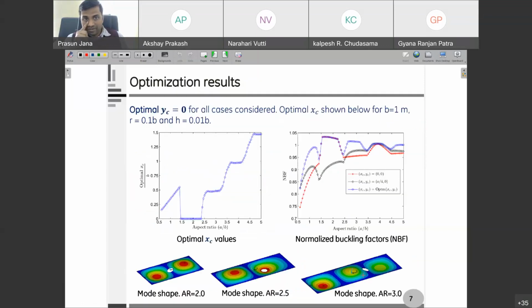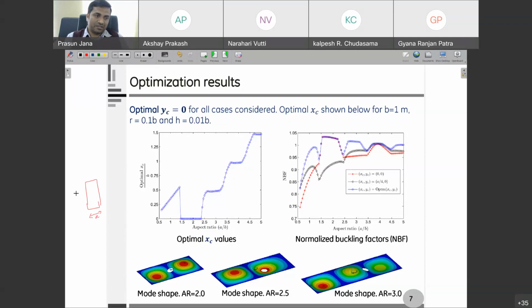And this is the output we have got for different aspect ratios. As I was mentioning, the optimal location depends on the aspect ratio of the plate. As the aspect ratio increases from some smaller number, maybe 0.5 or 0.6, you start with a plate where the height is more than the length.